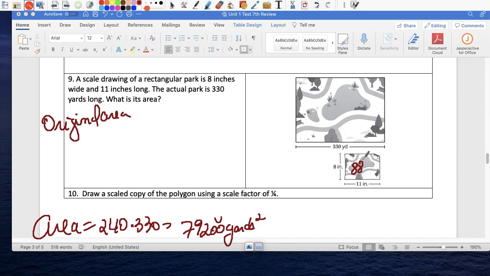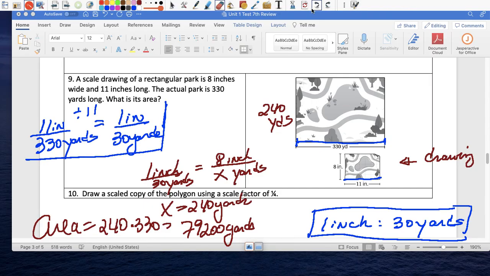Well, actually, I take that back, because then we have to change yards to inches. That wouldn't have worked. No, take that back. Okay, this is the more accessible way.